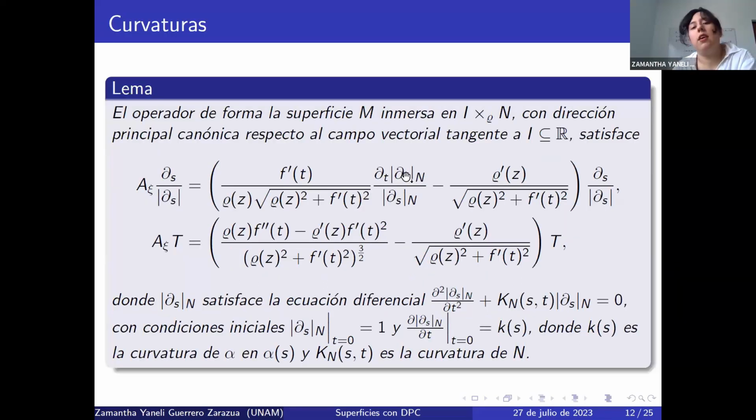Good. Now, we also have that this norm satisfies this differential equation, which is going to depend on the curvature of n, which means that if we're working on a warped product where n has constant curvature, these equations will simplify a lot.